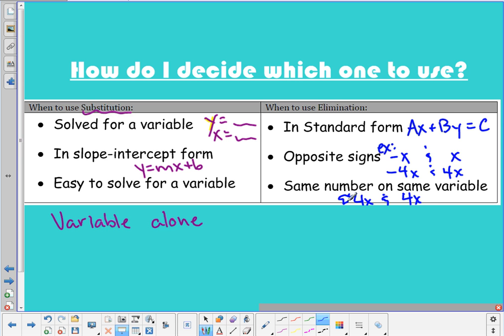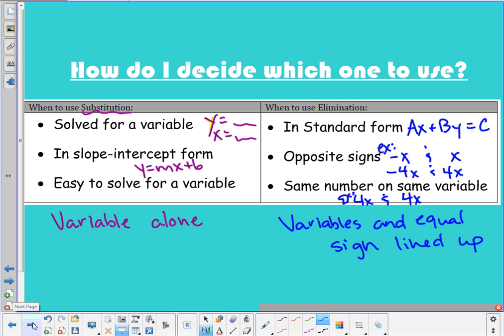Okay, example here. So basically we want the variables and the equal sign lined up here. Okay, so that's when we would use elimination.